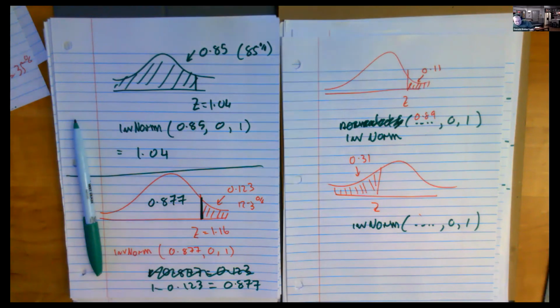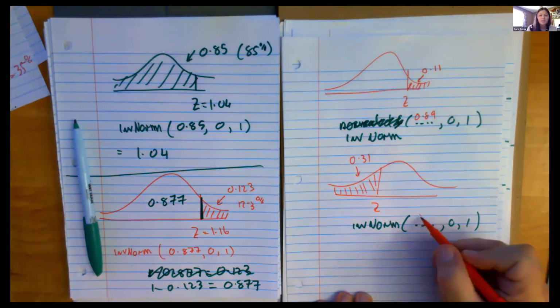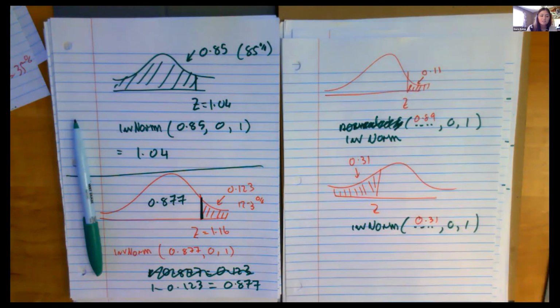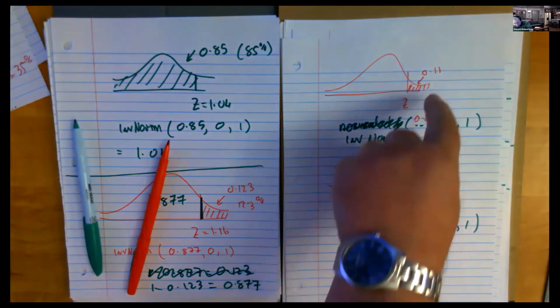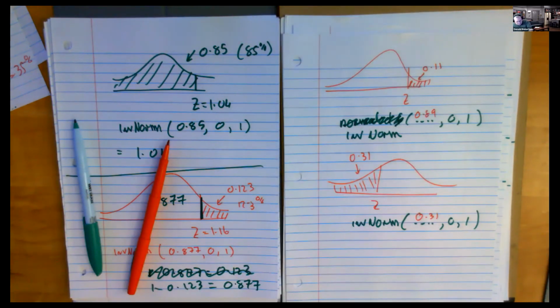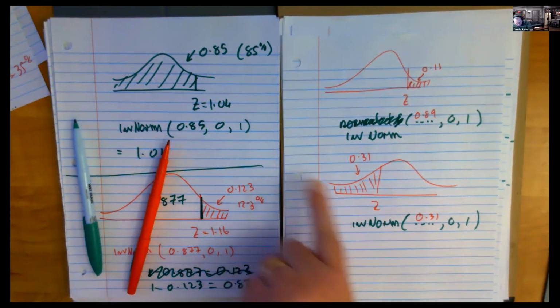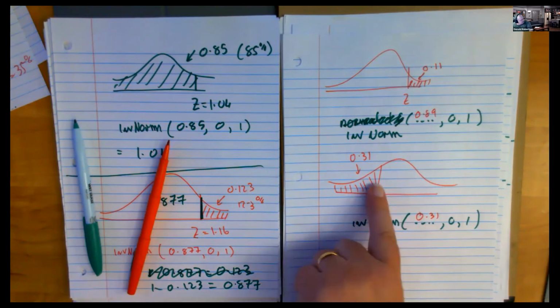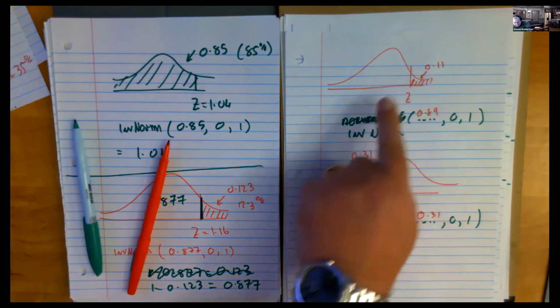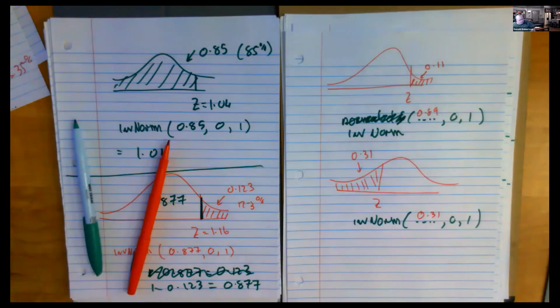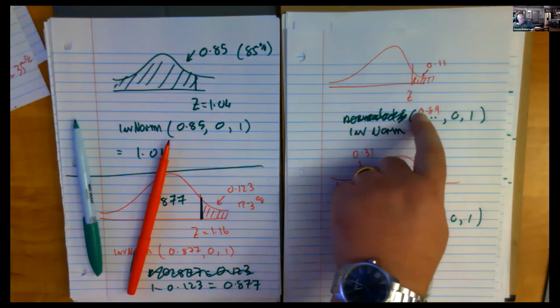Do we? No, we use that 0.31 because of the left, right? Correct. Do you see the difference? If you want to find something to the left, that's the number that you use because the area to the left is 0.31. If you want to find the area to the right, don't you have to find the complement, which is 0.89.